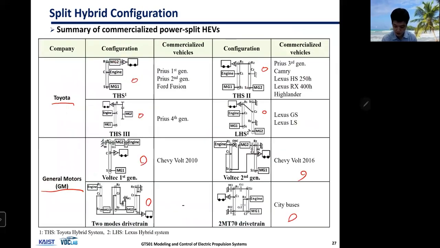And if you start using clutches, that introduces more modes, more complexity, and a bigger design space. Or if you use more planetary gear sets. We'll talk more about this towards the second half of the semester.